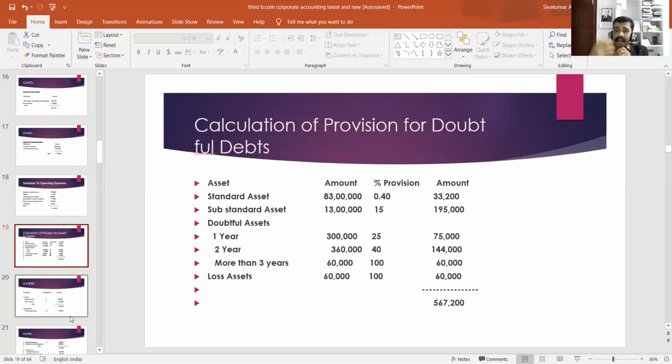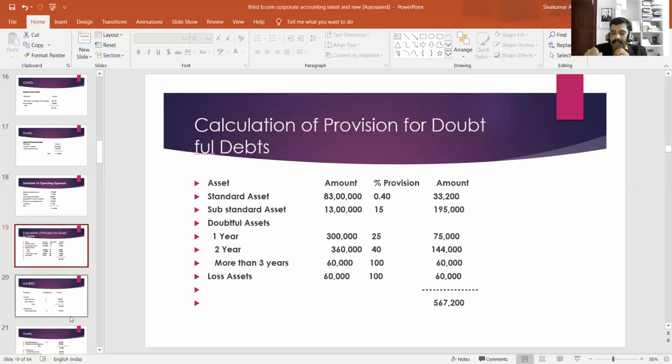If principal amount or interest in respect of any loan, cash credit, bills discounted, or any term loan has not been paid for the last 90 days, then we may call it an NPA or non-performing asset.